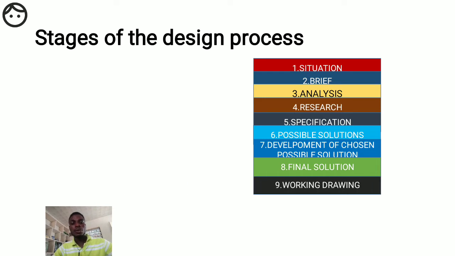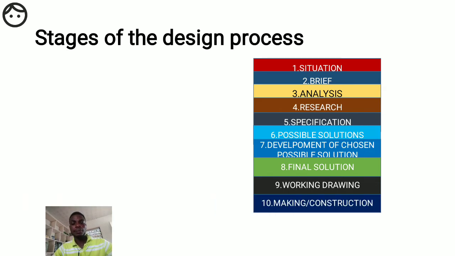Then he needs to do what we call the working drawing of the final solution. The working drawing is what he is going to use to design the artifact. After doing the working drawing, he needs to make the artifact or construct the artifact. Then finally, he needs to test and evaluate if the artifact will serve its intended purpose.